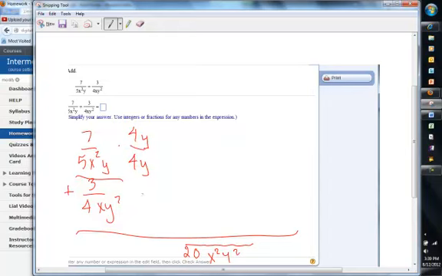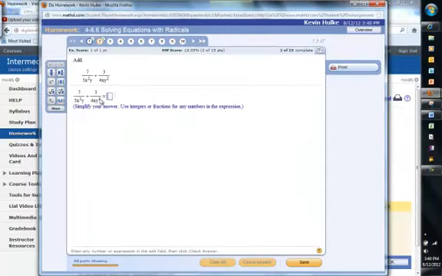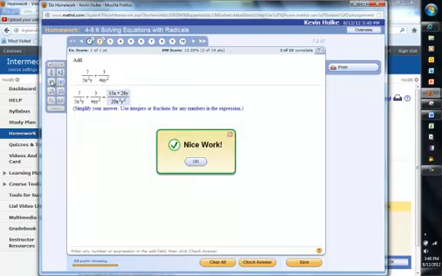Multiply top and bottom by 4y. This is missing the 5 and an x. So we get 28y is this numerator. 15x is this numerator. So our answer is 15x plus 28y over 20x squared y squared.